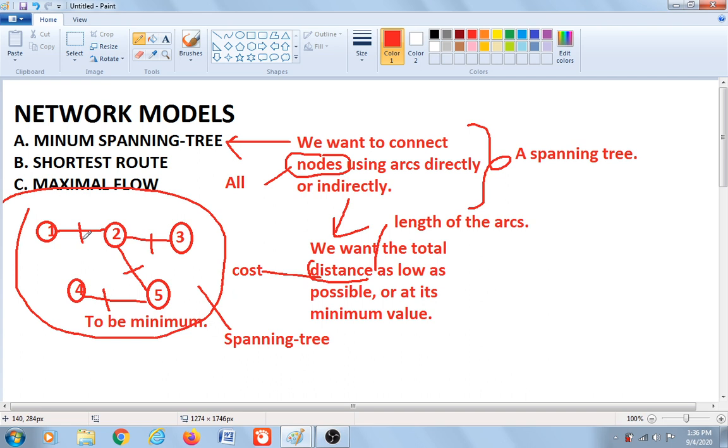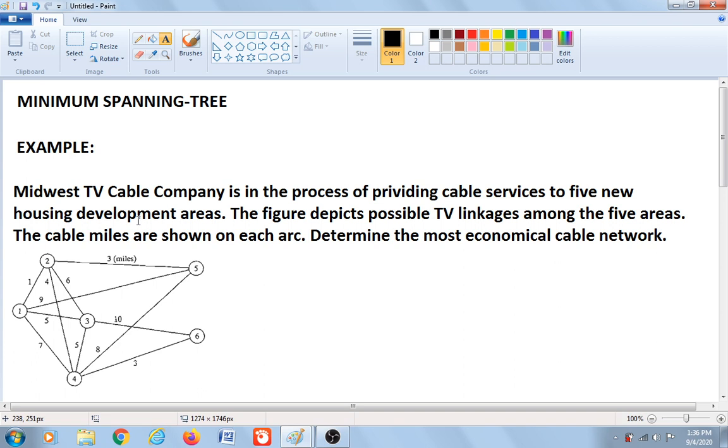Now I will give you an example of a minimum spanning tree problem and how to get the minimum spanning tree from a network. This is the example. I got the example from the textbook by Taha, the author of the textbook.